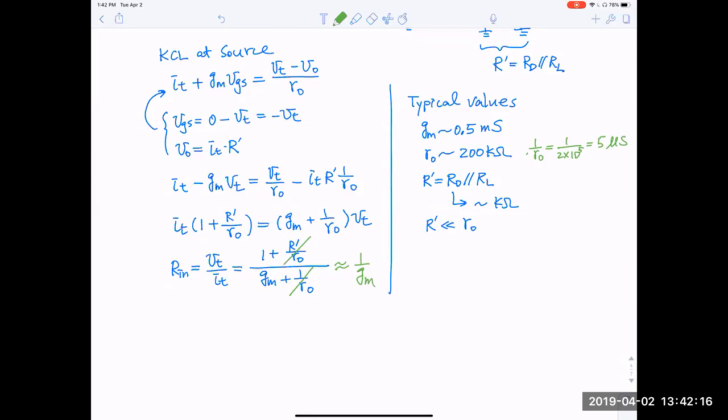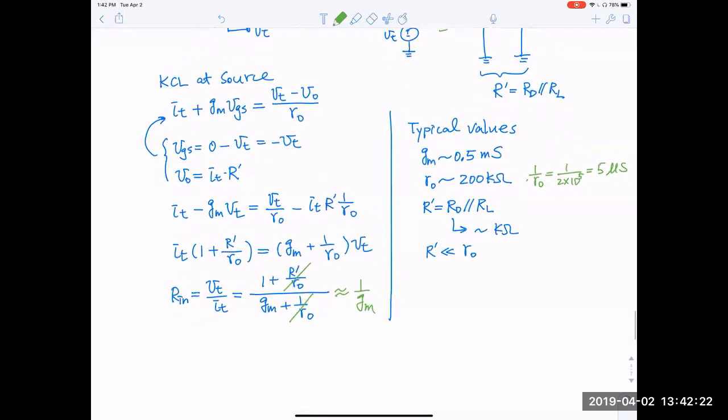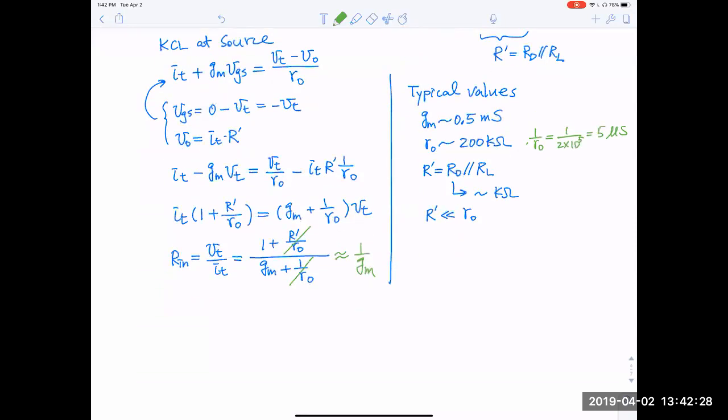So we have solved the input resistance using the standard process that we have practiced. More importantly, 1 over GM is a small resistance. So this is one way to get a small input resistance, okay?